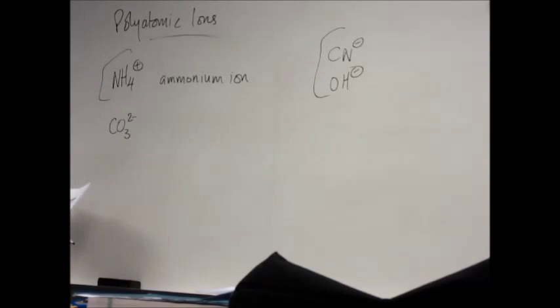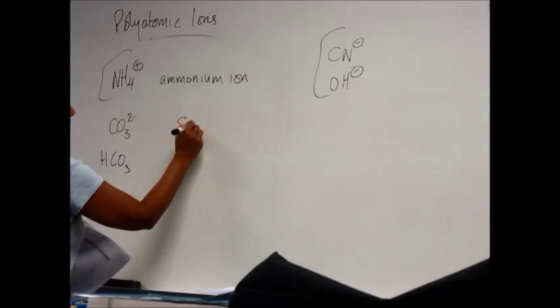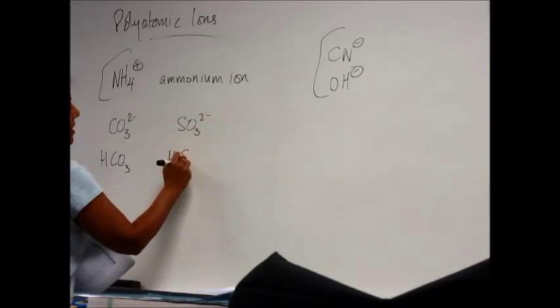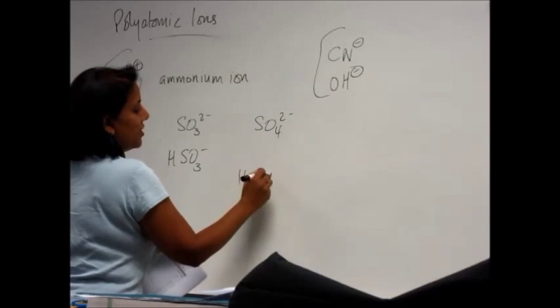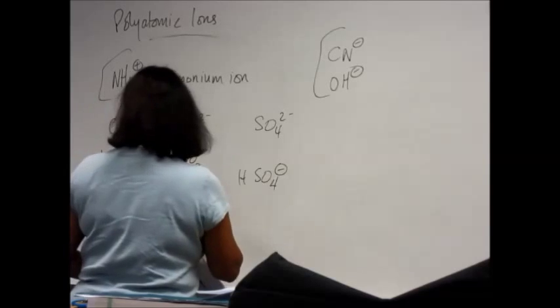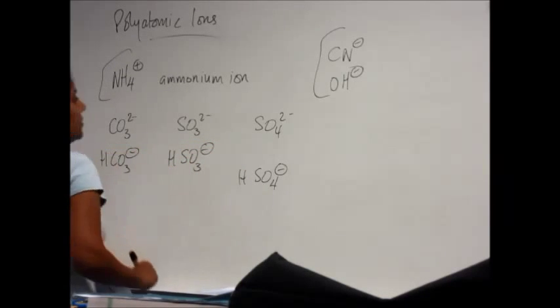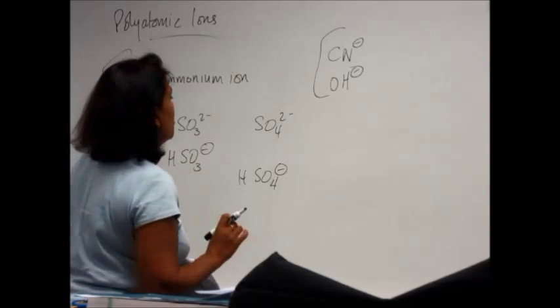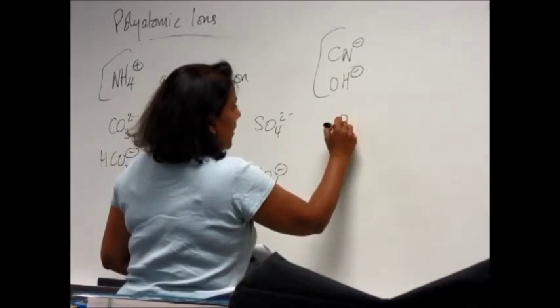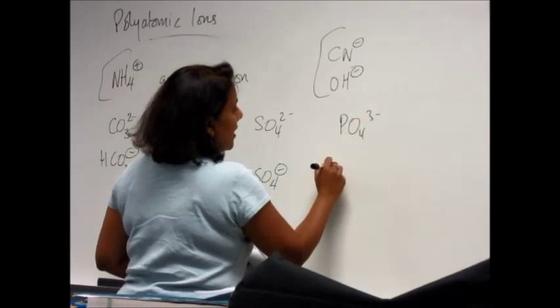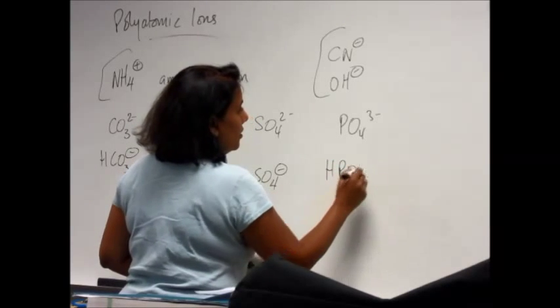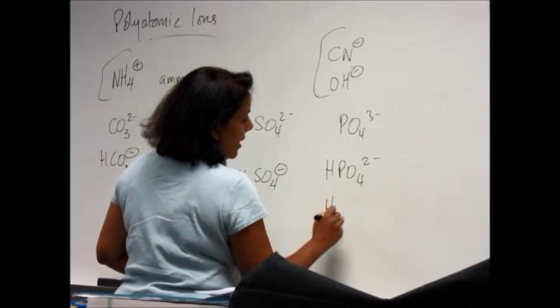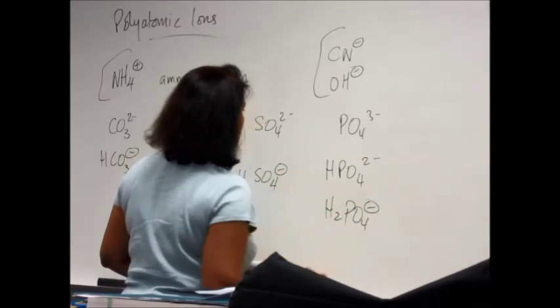And then for carbonate, you will have hydrogen carbonate, then you will have sulfite, SO3 2-, hydrogen sulfite, sulfate, hydrogen sulfate, minus here also. These are all ions, so you have to have a charge for everything. And then phosphate is PO4 3-, hydrogen phosphate, PO4 2-, and dihydrogen phosphate 1-.